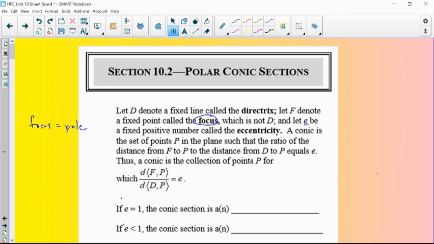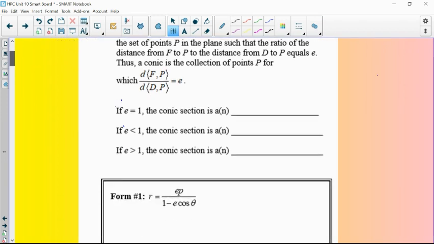but it's going to help us fit this ratio, which is going to measure eccentricity. And again, we've heard that word eccentricity. It's just a ratio, and the eccentricity of each conic section is defined based on its shape. We measure that distance and compare it, and it'll be a constant value for every point on that graph.